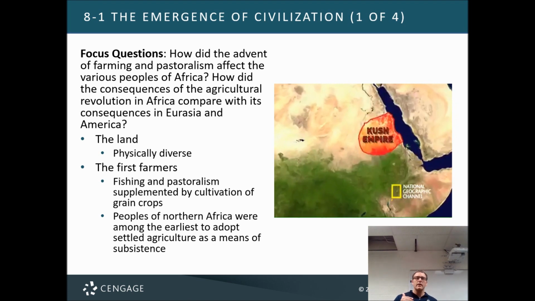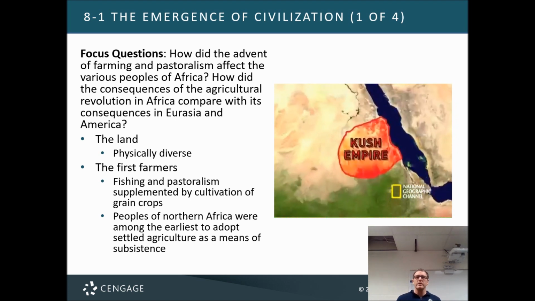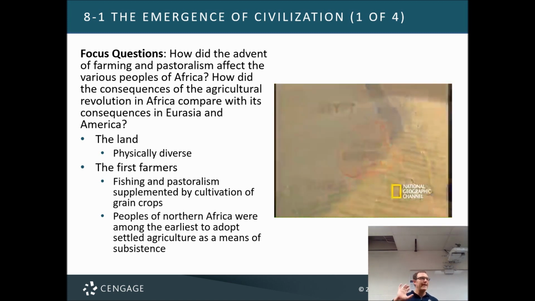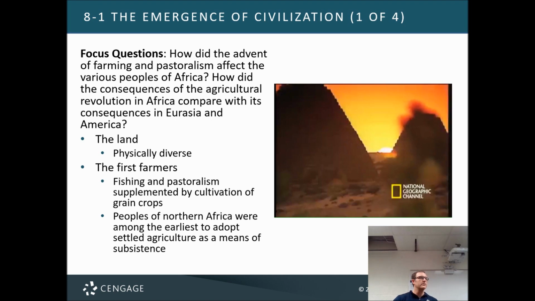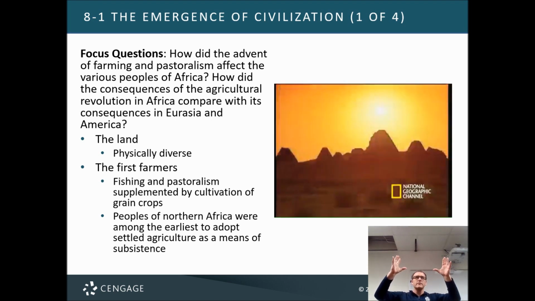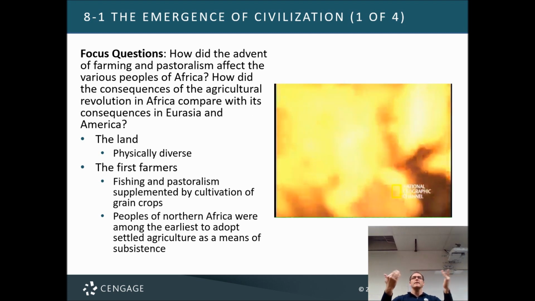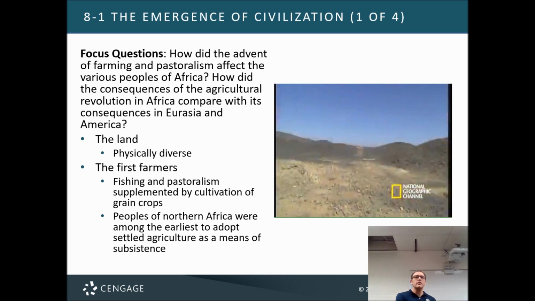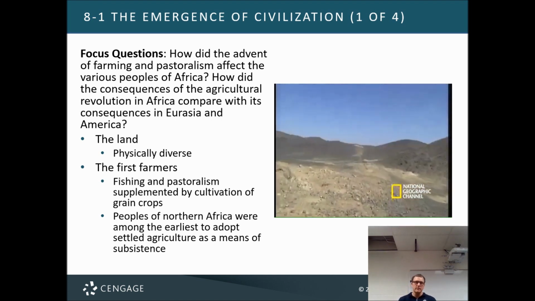Again, we're talking about a very large area that's very diverse, that for our purposes, I'm just going to break up into 3 parts. That's the area north of the Sahara Desert, the world's largest desert, the desert itself, and then the area south of the Sahara. Because really, when we're talking about Africa, it's incredibly diverse.